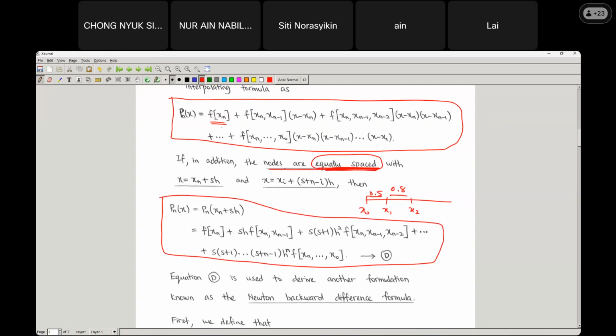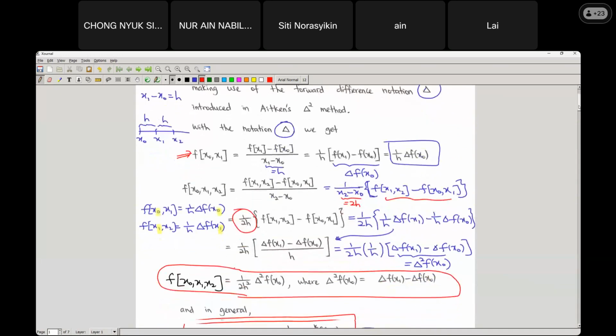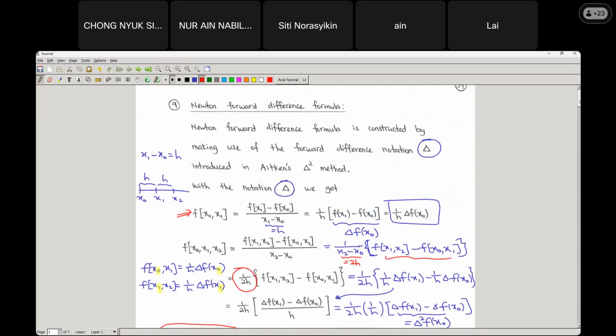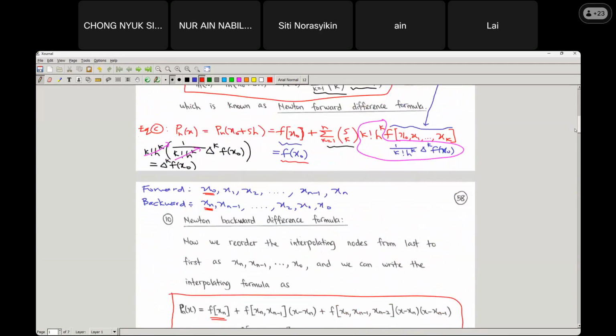So what you have to do, for the forward, we have x equal to x0 plus sh. Do you remember for the forward? Okay, I already skipped it. The notes are not here, it's just what I have shown to you, right?